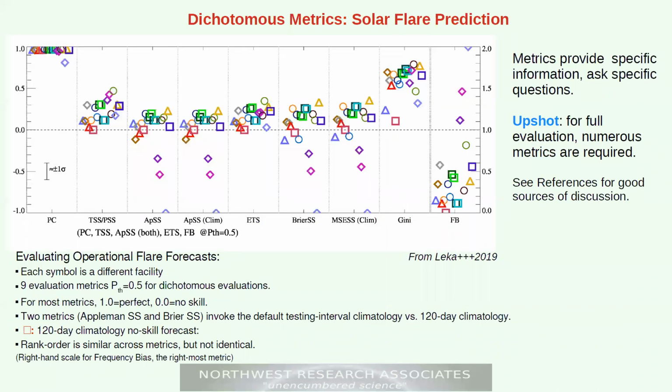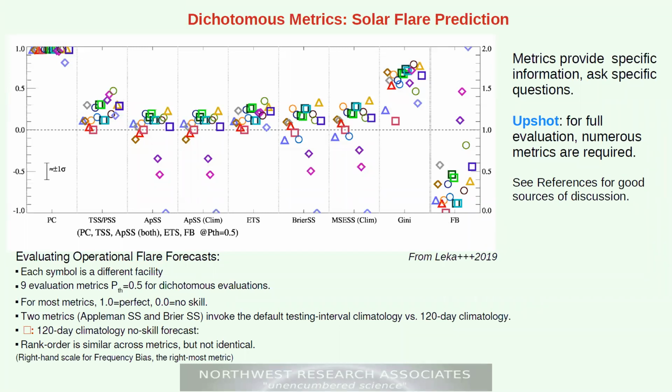Okay, so it turns out, and this is some work I did, to evaluate dichotomous events, it's really important to use a number of different metrics, because every metric, and I'm not going to go through all of these, tells you something different. It asks a slightly different question. It normalizes differently. So the upshot is, for full evaluation of any system, more than one metric is usually advantageous.